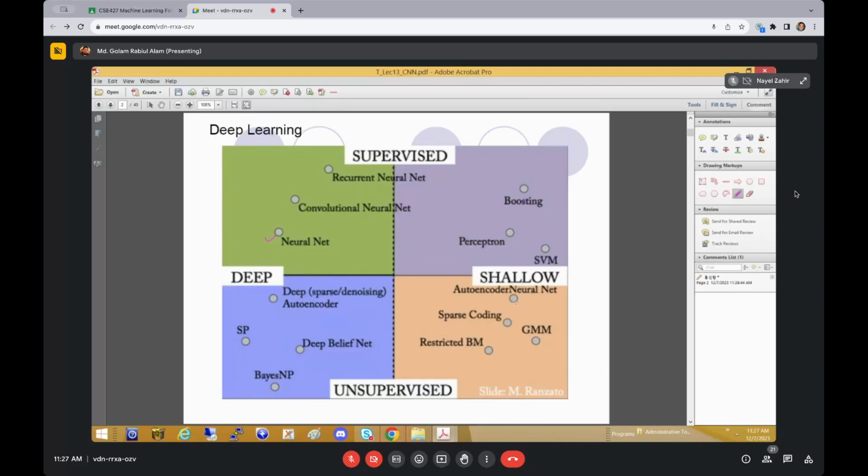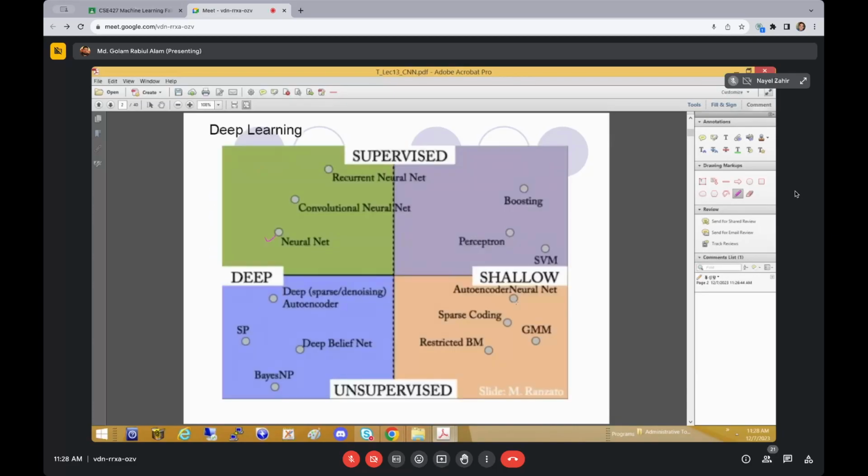And some of the algorithms have a deep architecture and follow the unsupervised philosophy, like the deep autoencoder, deep belief network, and Bayesian non-parametrics. Those follow the deep architecture but also the unsupervised principle.